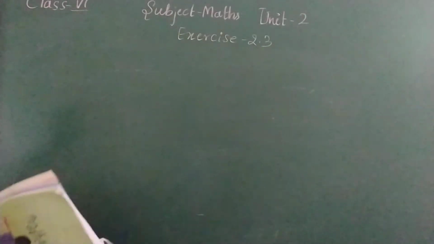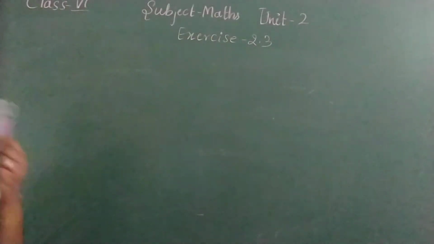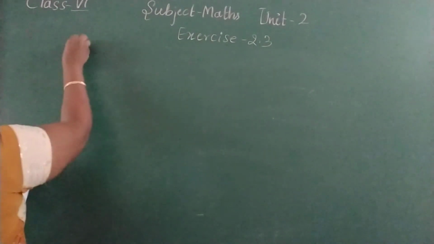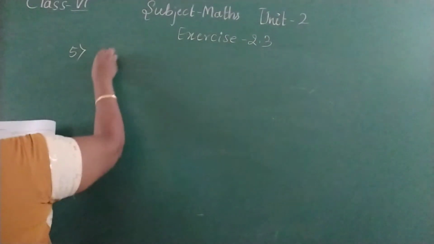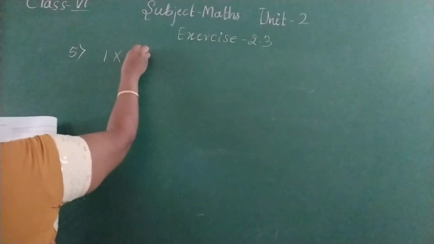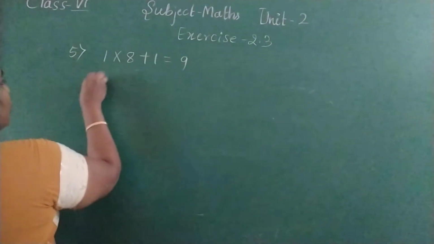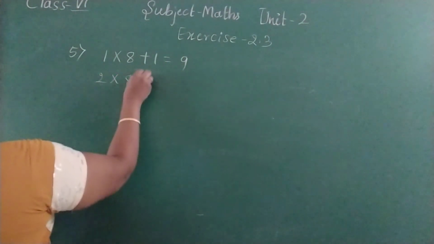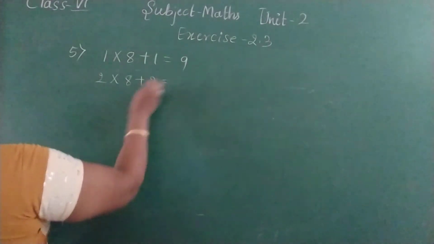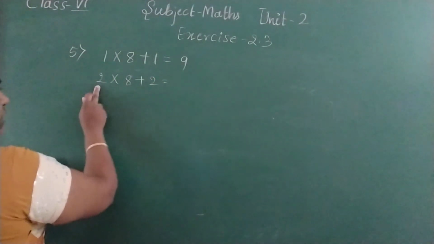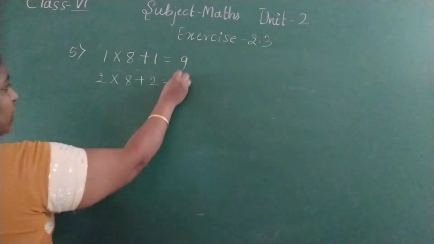Next, study the pattern. Fifth one. 1 into 8 plus 1 is equal to 9. 2 into 8 plus 2 is equal to, 8 twos are 16, 17, 18.